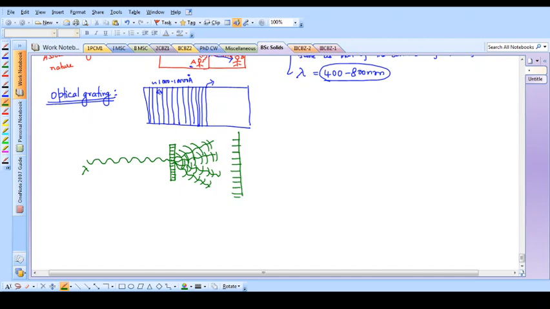So the diffraction pattern obtained here is a result of two phenomena. First is diffraction, which takes place near this optical grating, followed by interference, the superposition of diffracted waves. Both together result in this diffraction pattern.